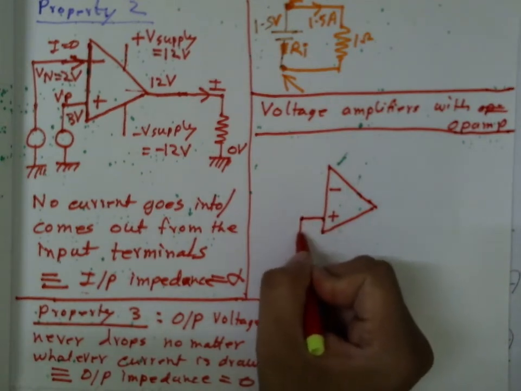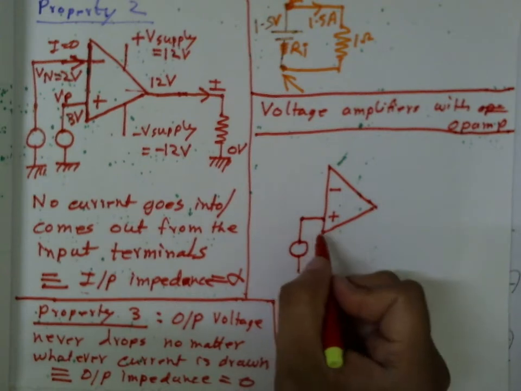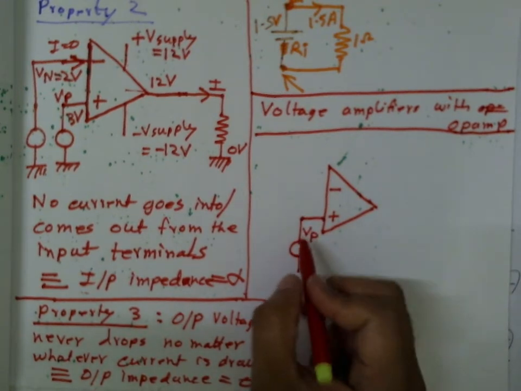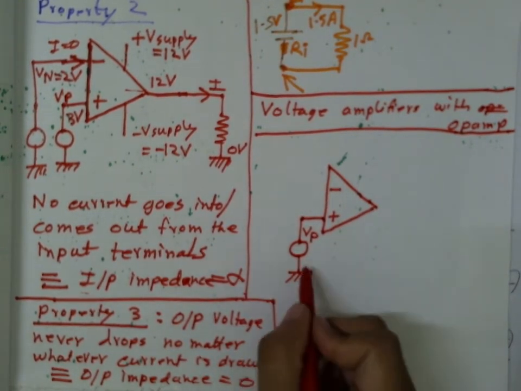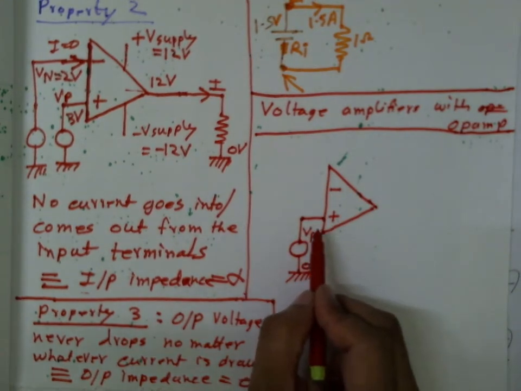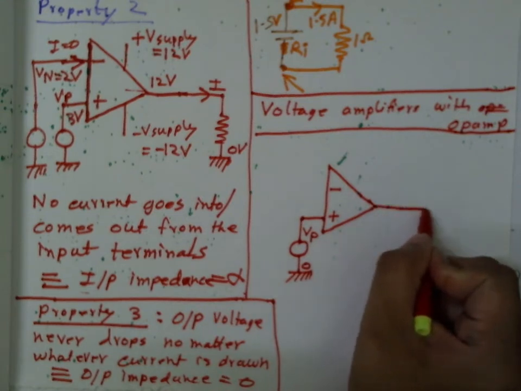So what I do, I connect it to a voltage source which has a value, say Vp. So this is a fixed voltage, the other end is grounded, so this point is at 0 potential, this point is at Vp potential. This is the output.